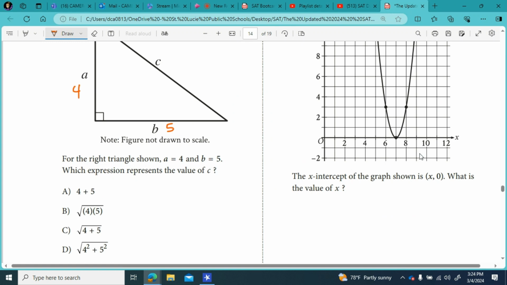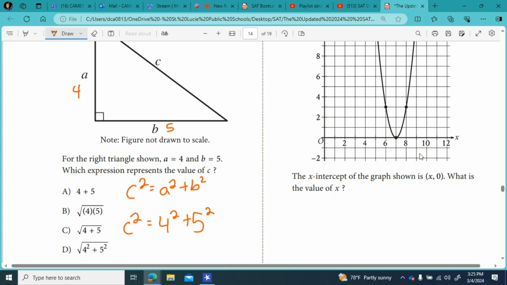So from the reference sheet, it said C squared equals A squared plus B squared. And we already said that A is 4 and B is 5. And if C squared is equal to that, well, here's the question I always ask my students.